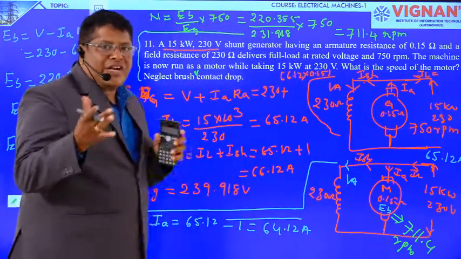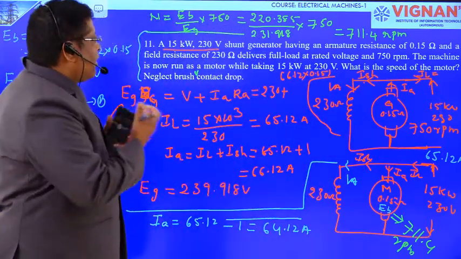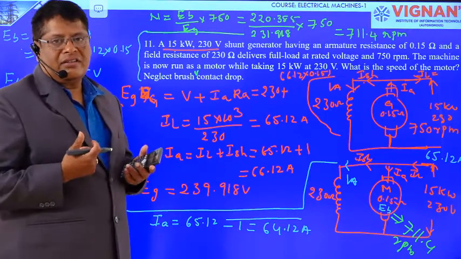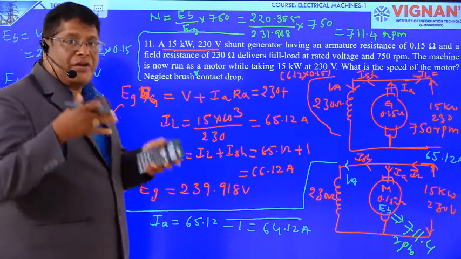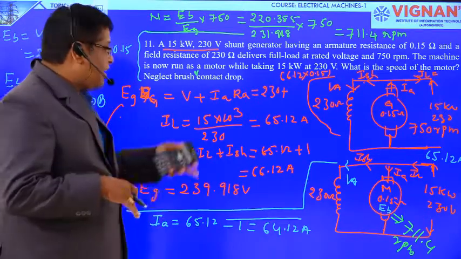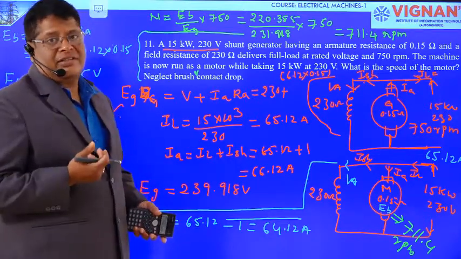See, in this manner, we try to pick up some of the concepts from the problem. The same machine, same input power we are giving to the motor, but the motor will be running at a lesser speed.